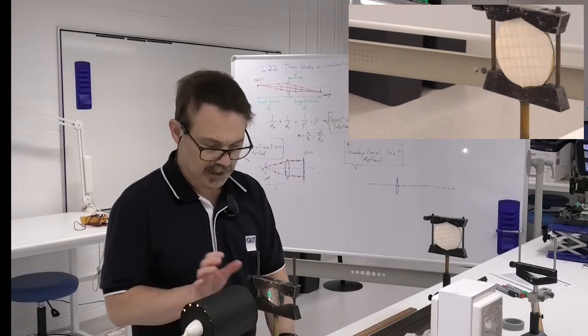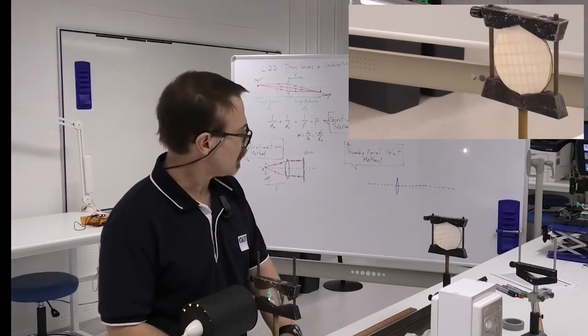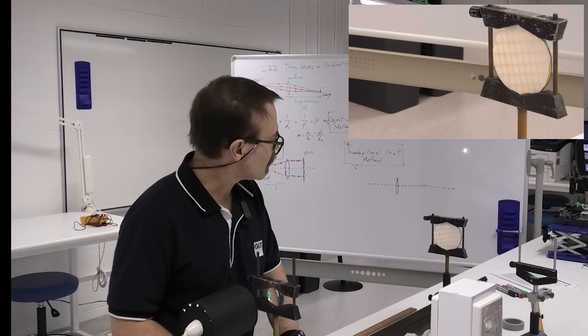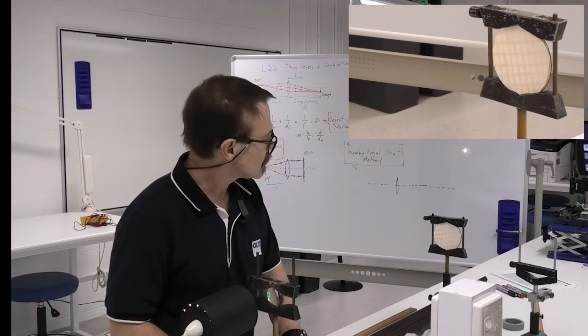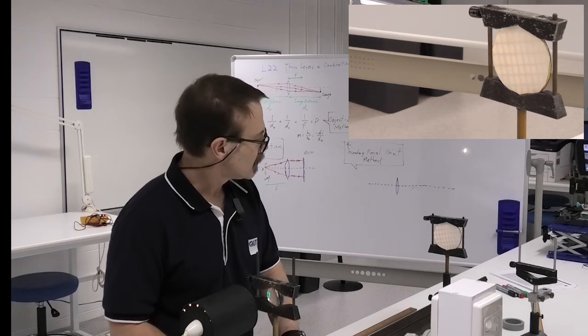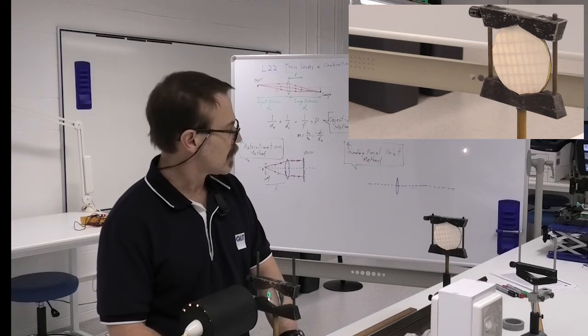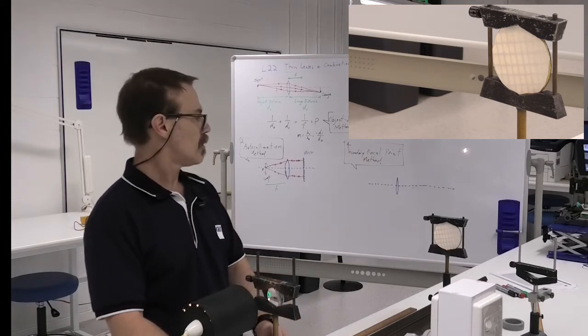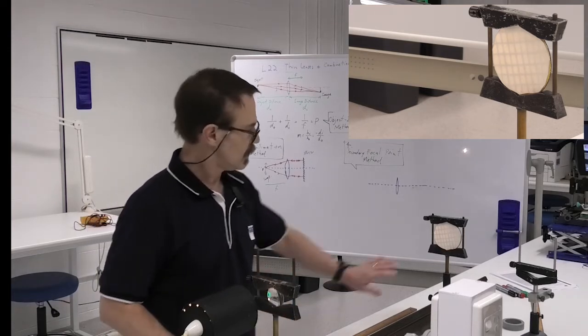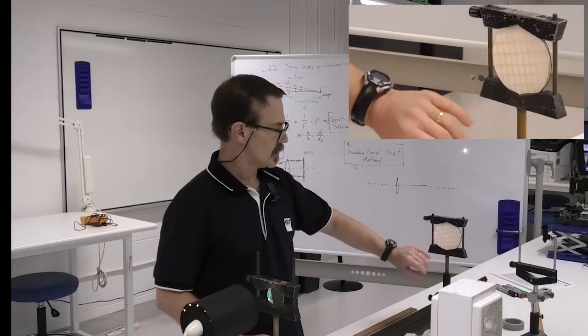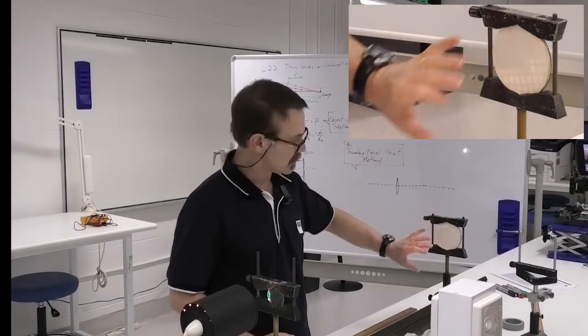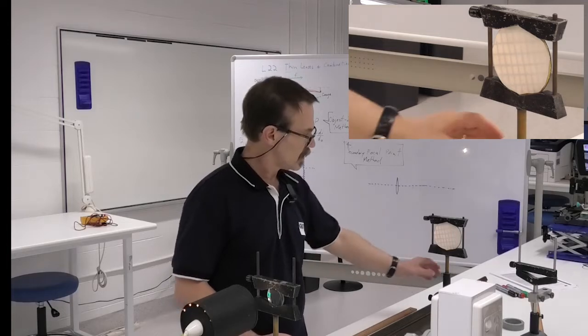Okay, so you won't be as close as the focal point there, but you can see I've got quite a nice sharp image, and it's a good idea to get a couple of people to maybe judge whether that's the right focus or not. You can see that on the screen there's quite an enlarged, a magnified image.